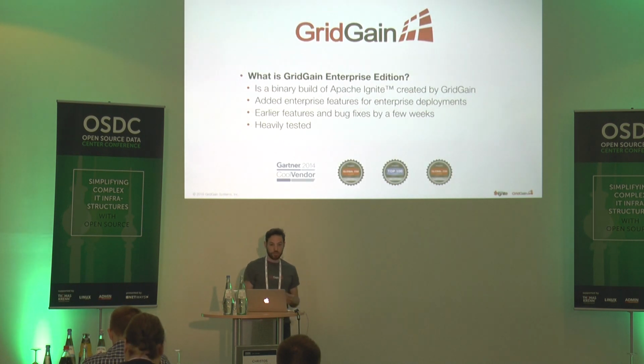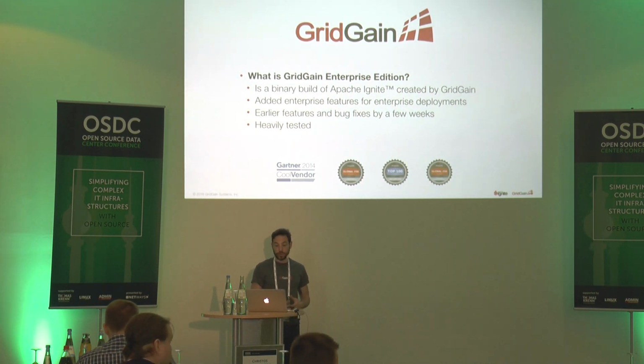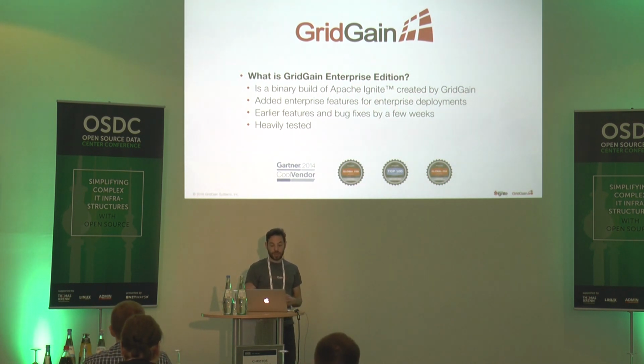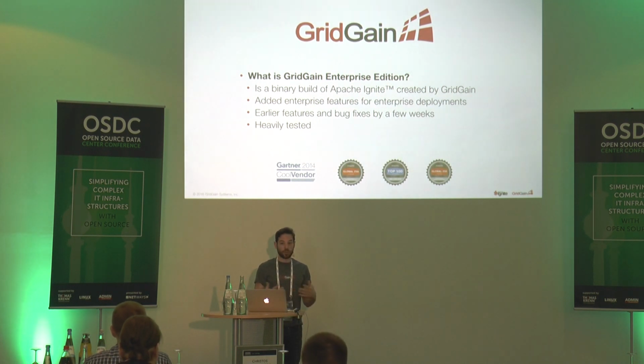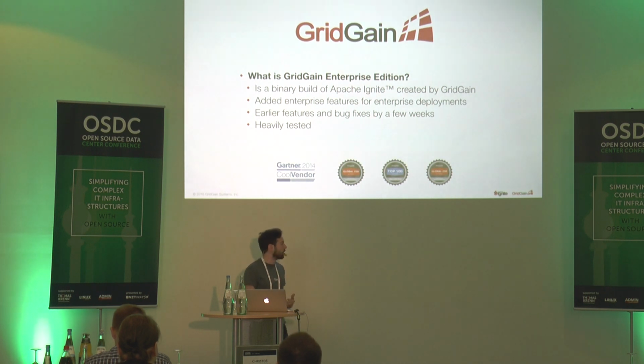So what is GridGain and what's the relationship right now? We gave our code away. What do we actually do? A lot of the time, we spend evangelizing about Apache Ignite, talking and preaching about it and sharing the technology. But as a commercial entity, what we really do is provide an enterprise build of Apache Ignite. So if you're going to move into production, you want to really take this to the next level, mission critical applications, which is really what we're geared for with Ignite, then that's something that GridGain can support and provide you with these builds.